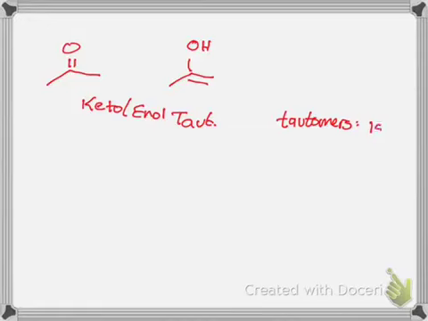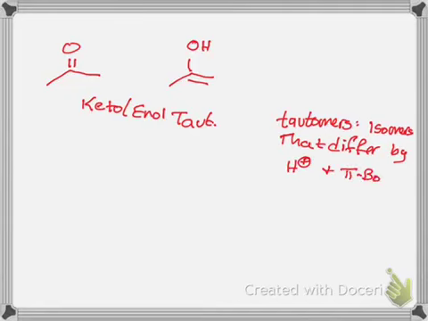These are isomers that differ by a proton and a pi bond. To me, it sounds like they were really searching to figure out what to name these things. But there is a tautomerism between the ketone and the enol.